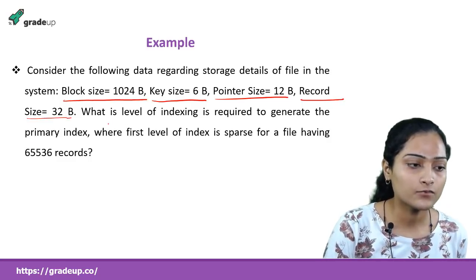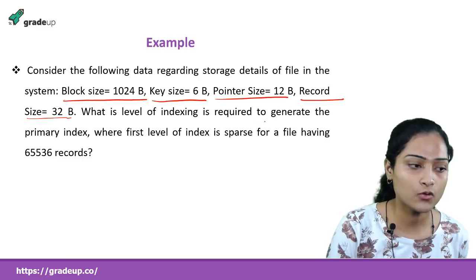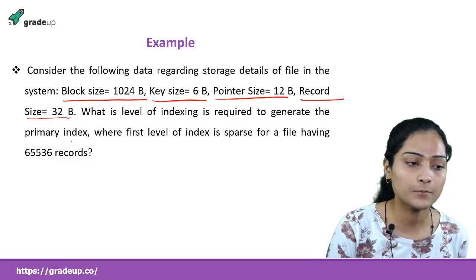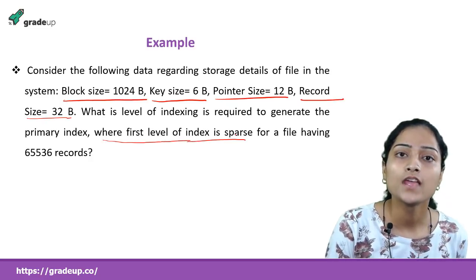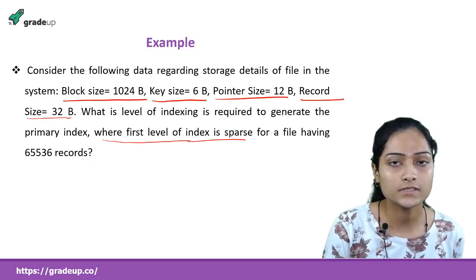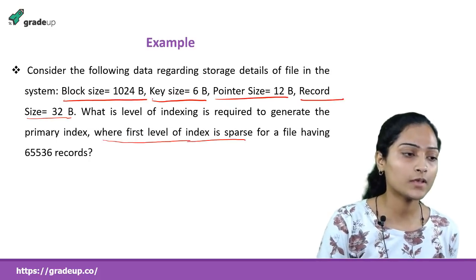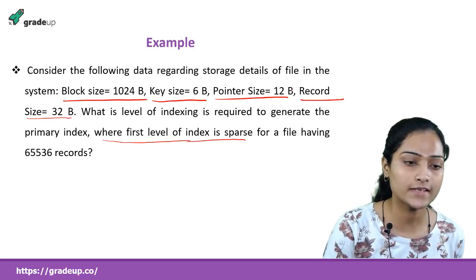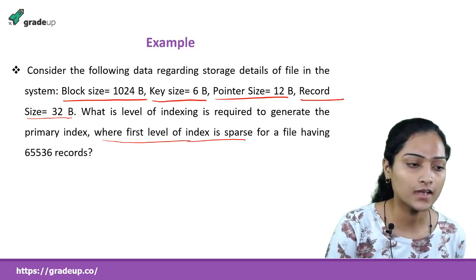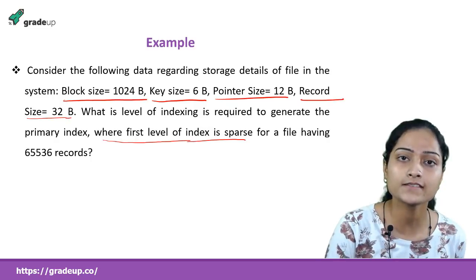It is asked what level of indexing is required to generate the primary index, and it is mentioned that the first level of index is sparse. I have mentioned that you can use both dense or sparse index in primary indexing. So the block size is 1024 bytes, key size 6 bytes, pointer size 12 and record size 32 bytes, and the level of indexing is asked.